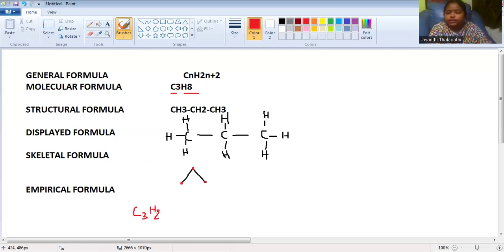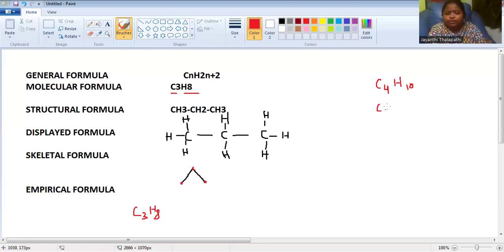Okay, suppose let's take butane. If it is butane, the general formula will be the same, CnH2n+2. The molecular formula will be C4H10. In this case, same way, 4 carbon atoms.